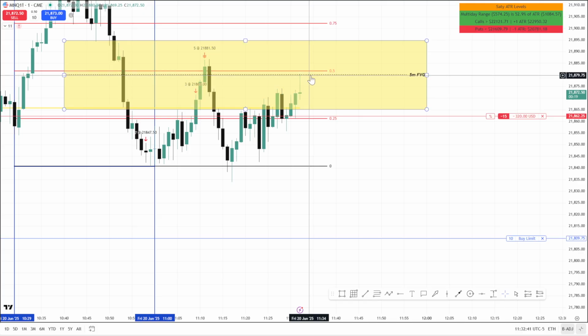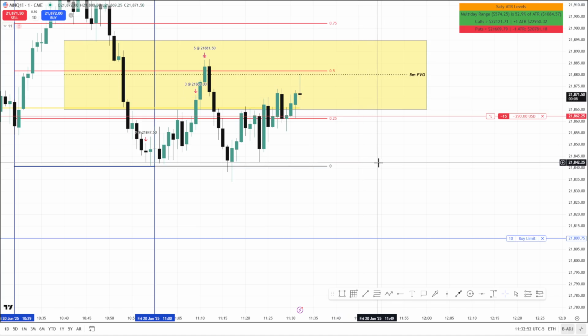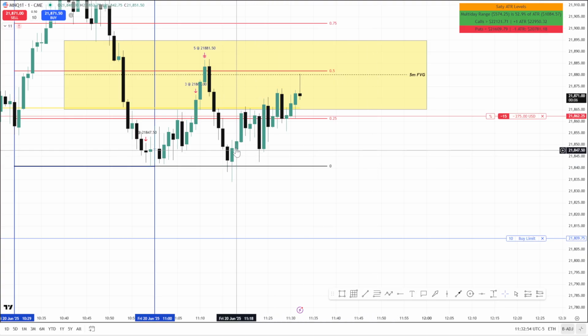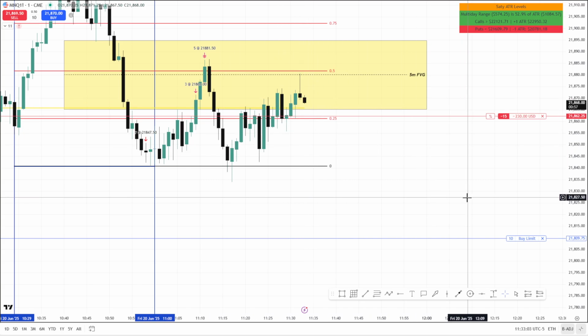All right, we got a touch at the 50% level of this 5-minute fair value gap. We got a real consolidated, high resistance, slow moving 1 minute, kind of just slowly moving up.